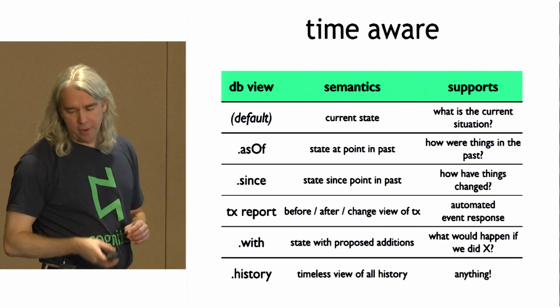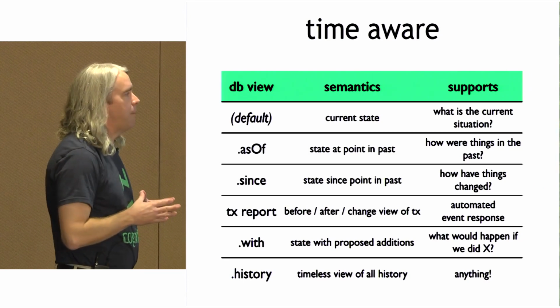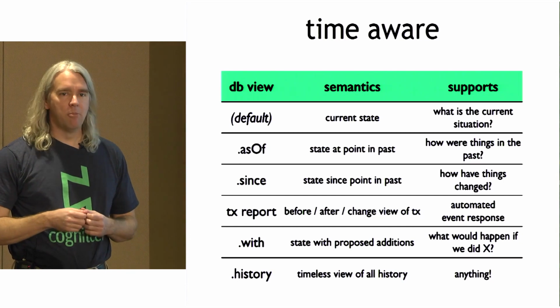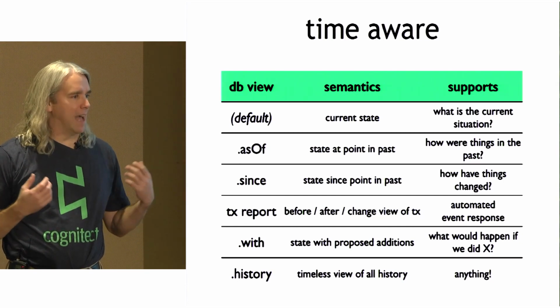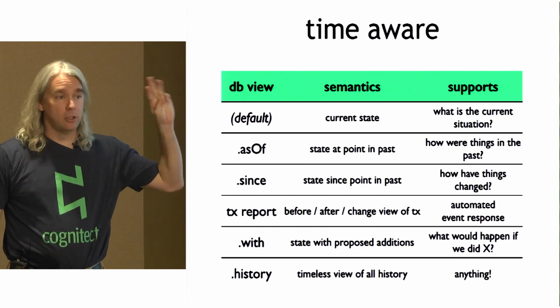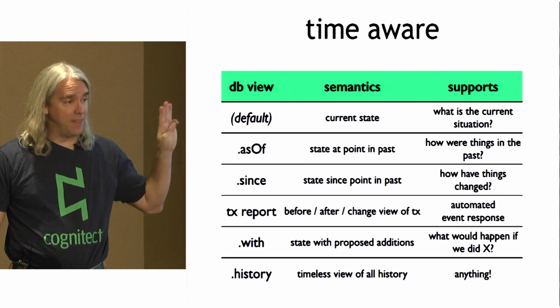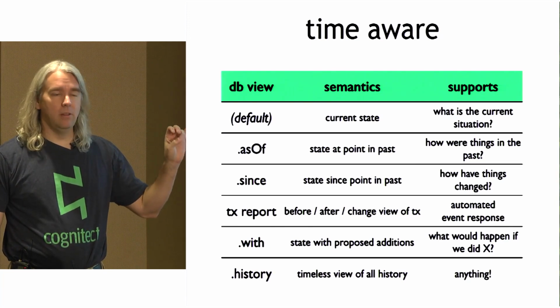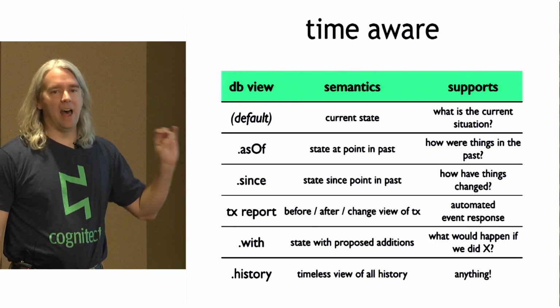Datomic is time aware. And by this, I mean that every fact in the system knows about its time. Remember what we said a Datomic fact was. It's a 5-tuple: entity, attribute, value, transaction, and then add or retract. That transaction attribute is a total ordering of time in the system.